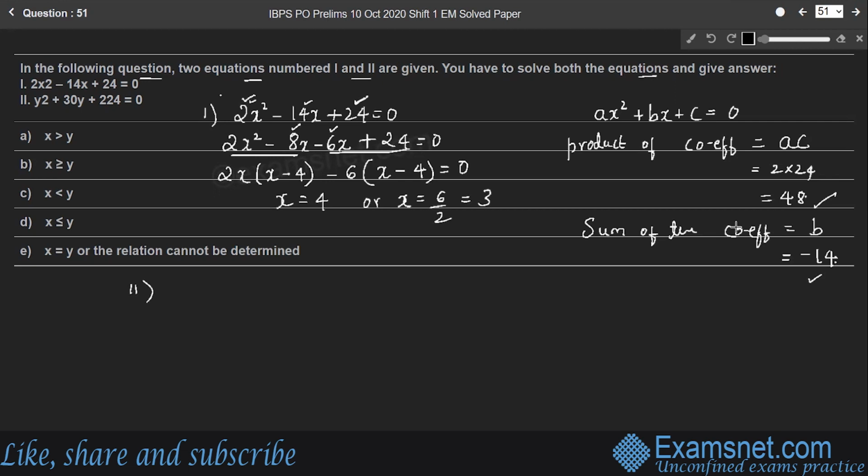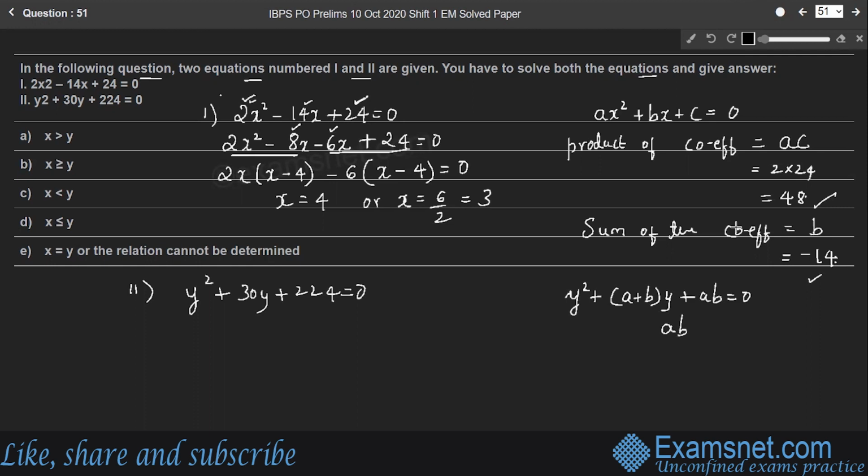Next equation, y square plus 30y plus 224 is equal to 0. Right? So this is in the form of, not ax square, it is directly x square plus (a plus b) into x plus ab. Right? So instead of x, we write y square plus (a plus b) into y plus ab is equal to 0.